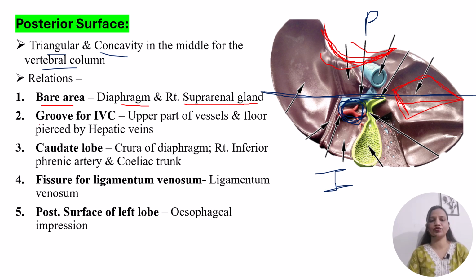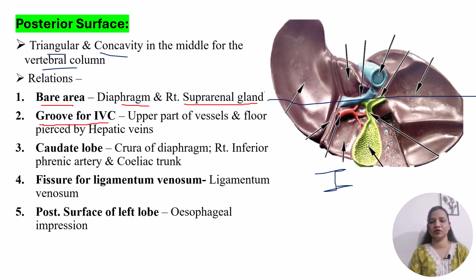Then there is the groove for inferior vena cava. Let me erase this so you can appreciate it properly. This is the IVC or inferior vena cava, and the groove for inferior vena cava is present on the posterior surface, and as the name suggests, it is a groove for the inferior vena cava.